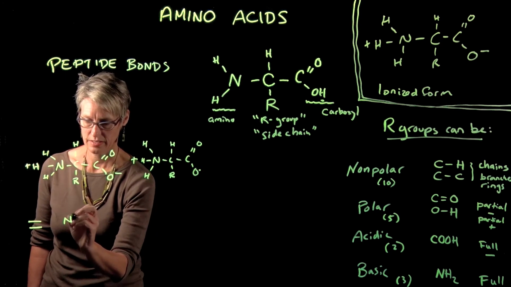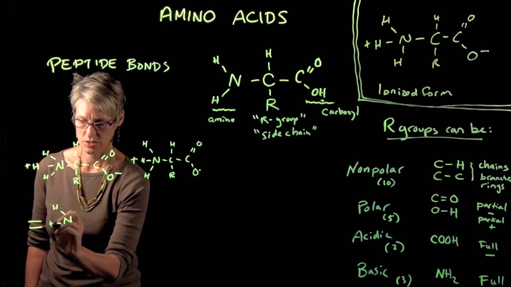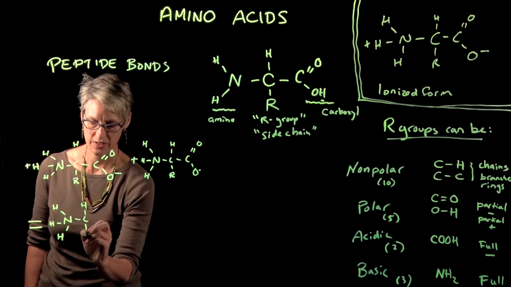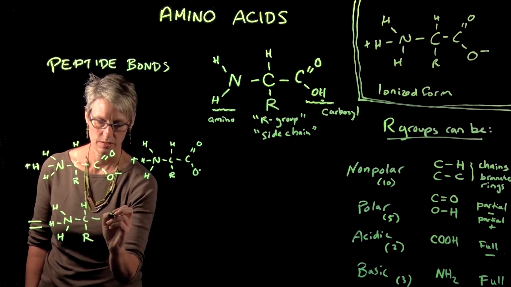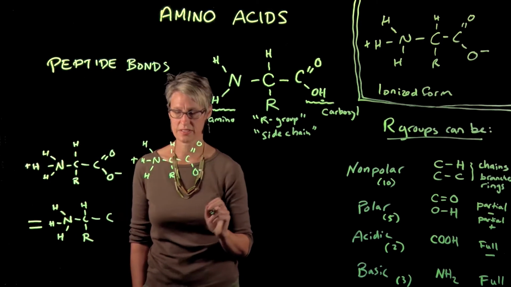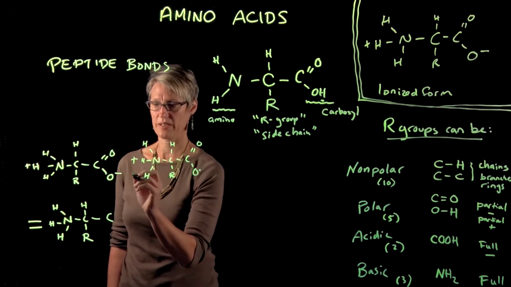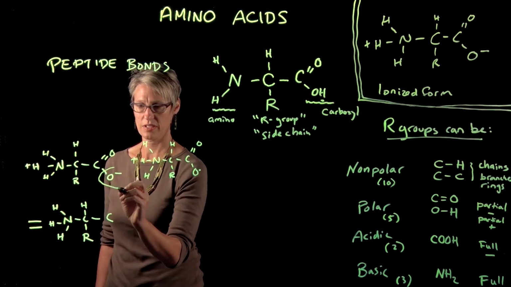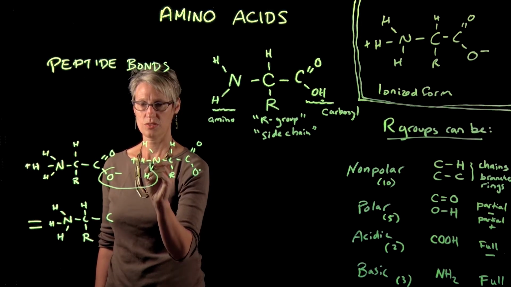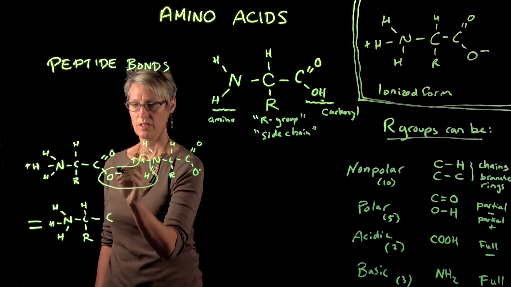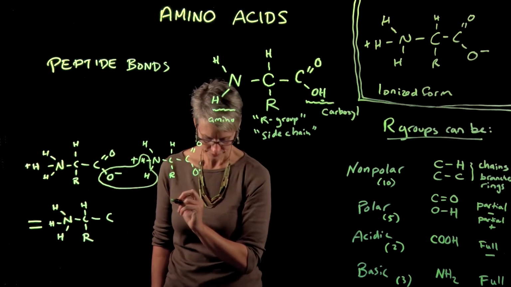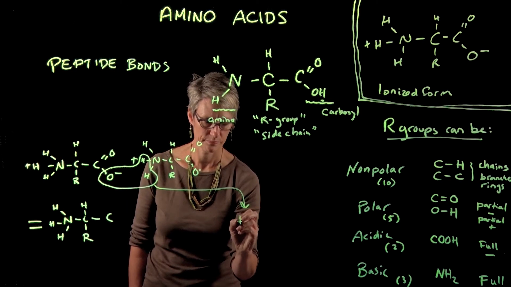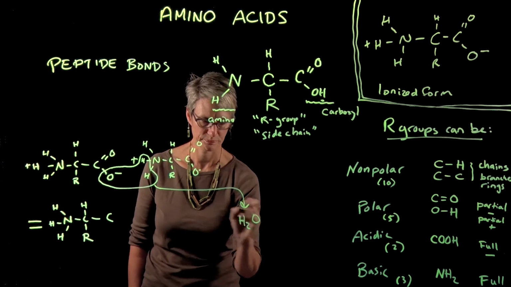so here's our N, H, H, H. There's our alpha carbon, our central carbon. Okay, now this is where the peptide bond is formed. What happens in the peptide bond is this oxygen and these 2 hydrogens actually come together to form water, H2O.